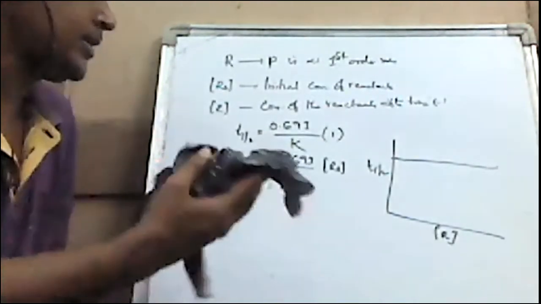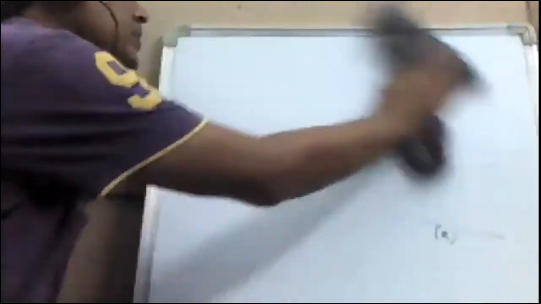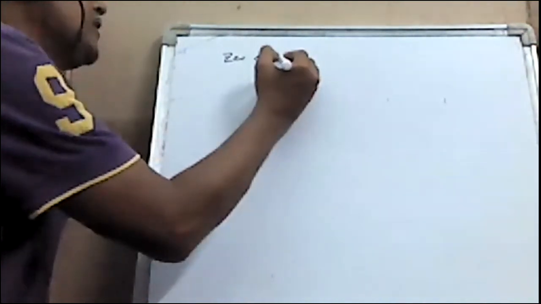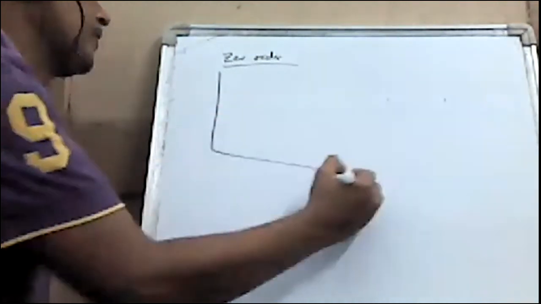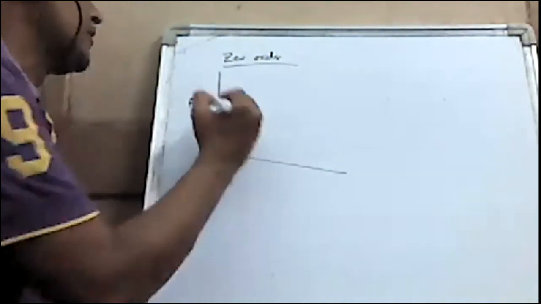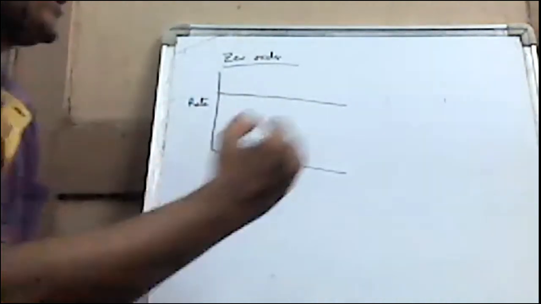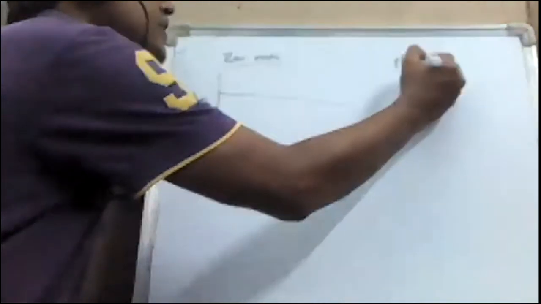Let me just compare the plots for zero order reactions and for first order reactions. Here for zero order reactions, what is the plot of rate versus concentration of the reactants? Our rate is like this. What about the same plot for first order reaction?